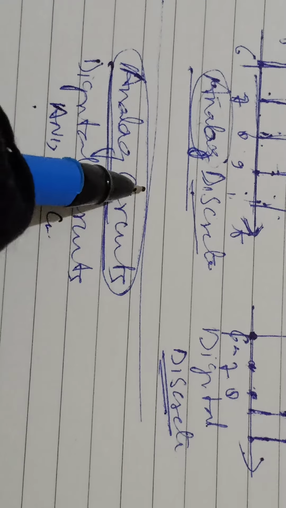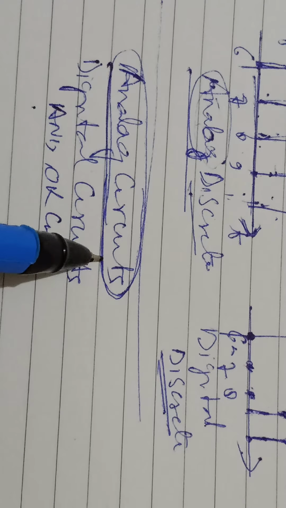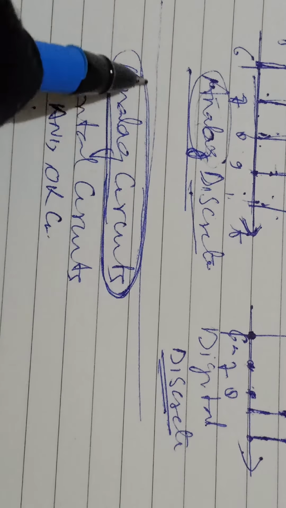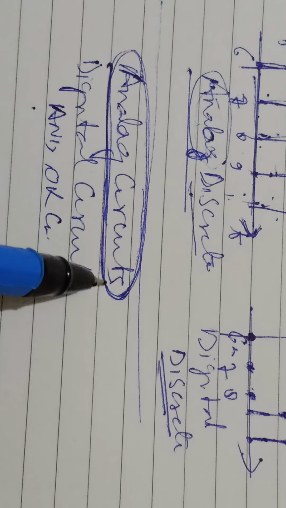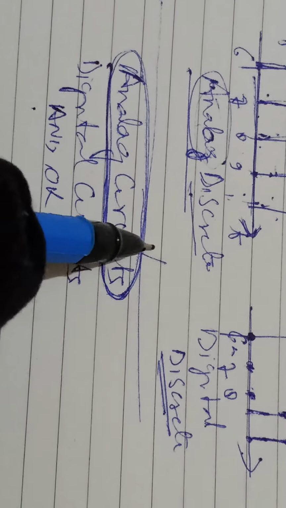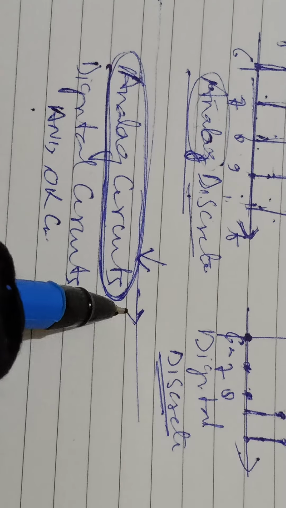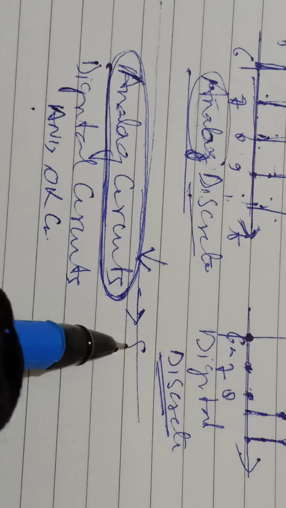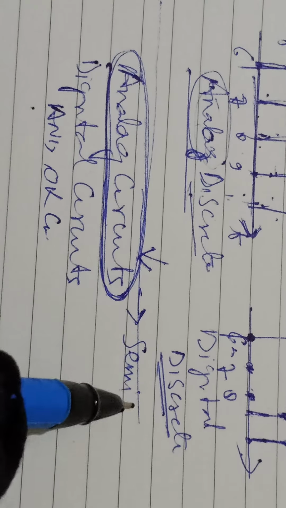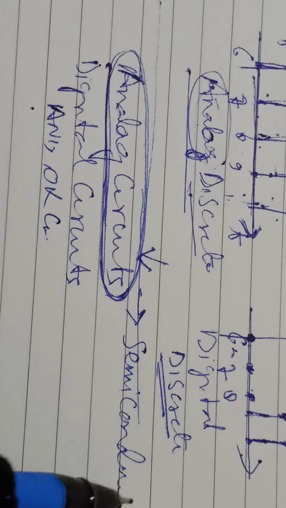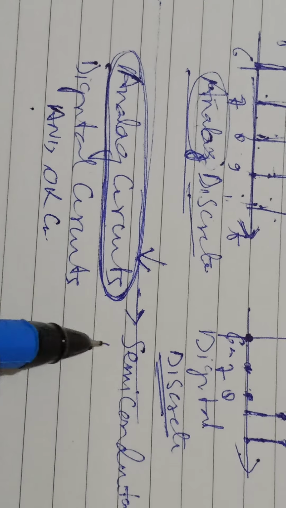And as we are dealing with electronics and communication engineering, most of the devices and components in the circuit will be related to electronics, or we can say will be related to semiconductor devices.